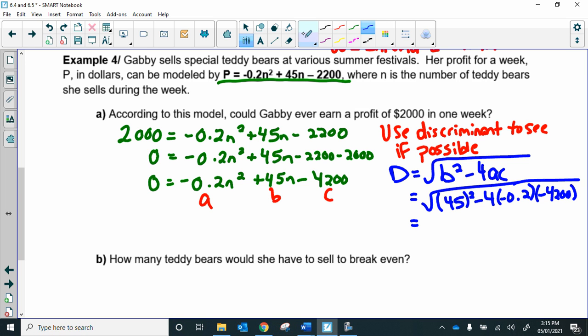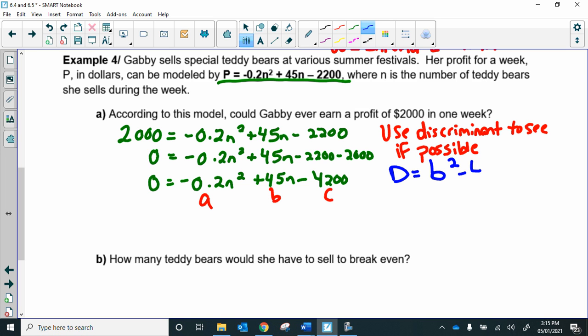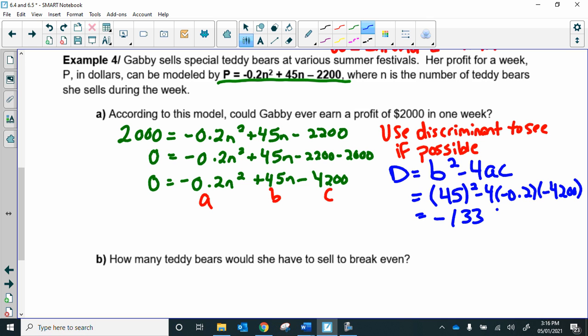Actually, we don't need the square root sign there, do we? Ooh. Let me rewrite that. I was thinking of when it's in the quadratic formula. Okay, so let's sub that in. And plugging that in our calculator, we get negative 1,335.